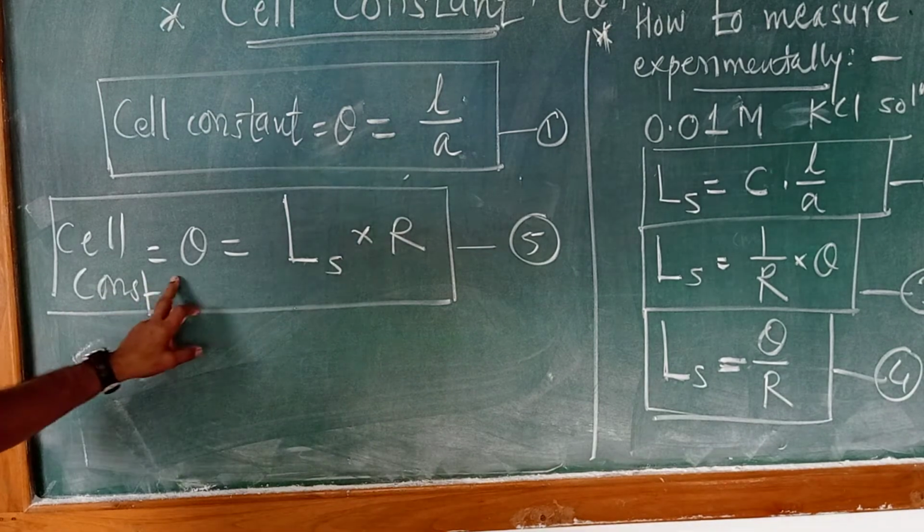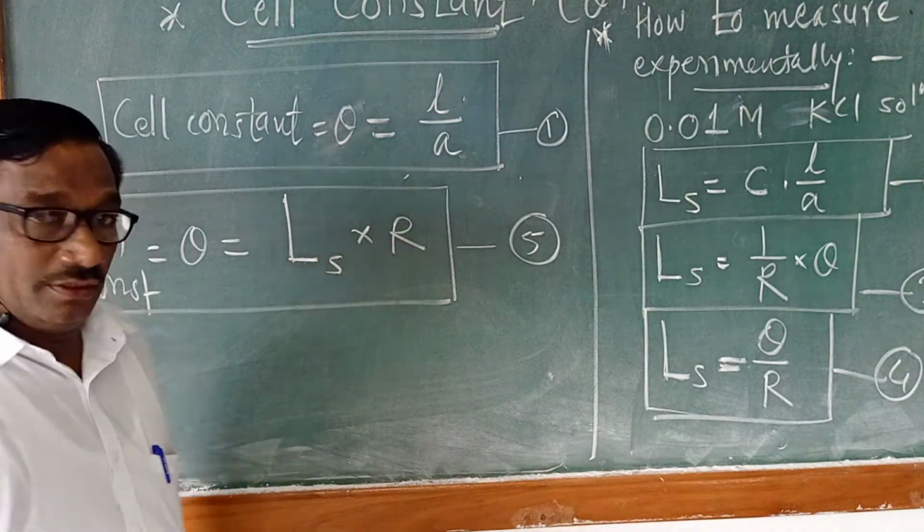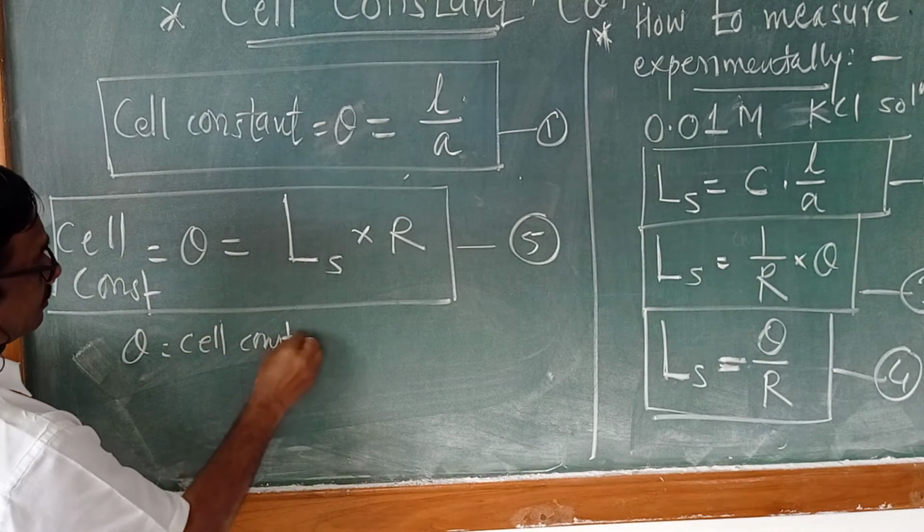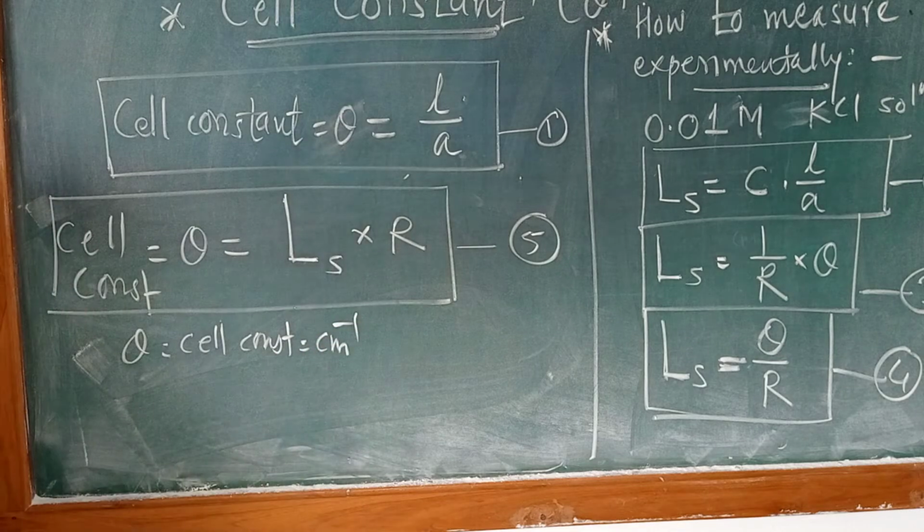So cell constant theta is equal to Ls into R, where theta is the cell constant measured in centimeter inverse.